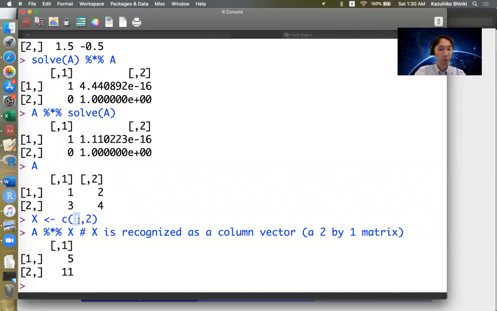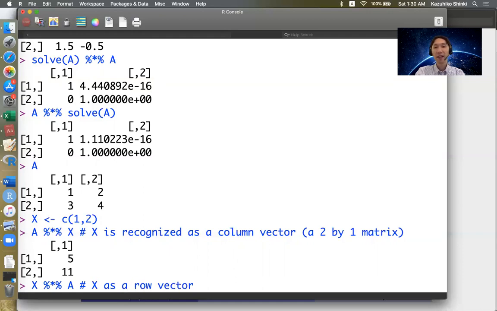And 3 times 1 plus 4 times 2 is 3 plus 8, so 11. So 5, 11, you can get this. But if you type XA, this still works. In this case, X is recognized as a row vector.